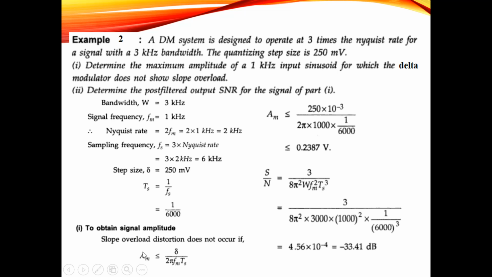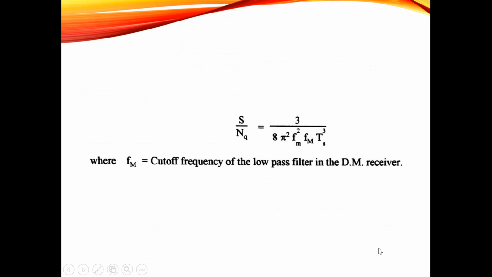To obtain the amplitude, the formula we know to avoid slope overload distortion is A less than or equal to delta divided by 2 pi fm Ts. Putting in all the values, we get 0.2387 volts. Similarly, using the SNR formula and putting all the values in, the signal to noise ratio we can find is minus 33.41 decibels.